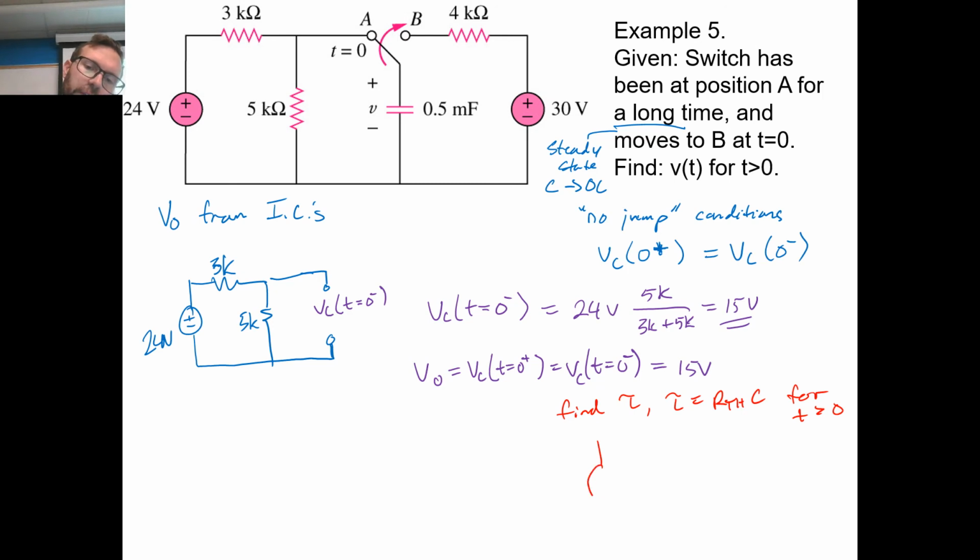So we draw in that circuit here. Here's the cap. Here's the, what is this, a 4K or whatever. And then here's the 30 volt source. And we want to find our Thevenin.